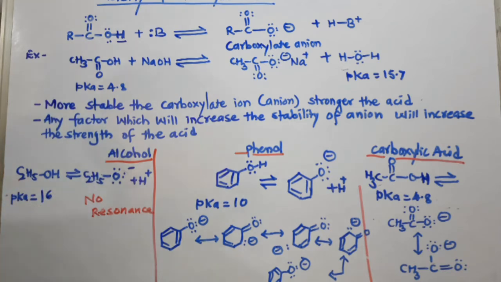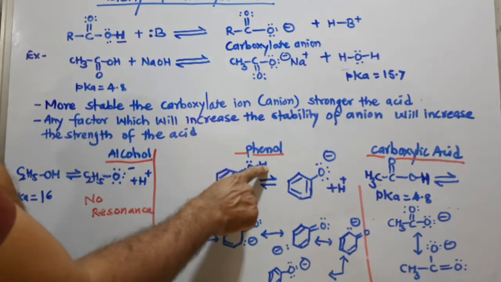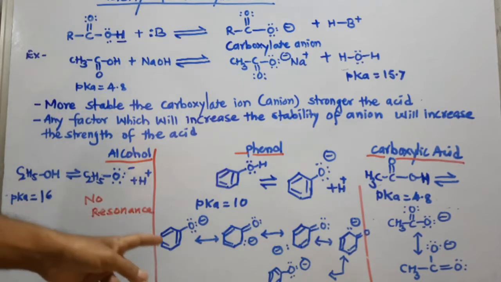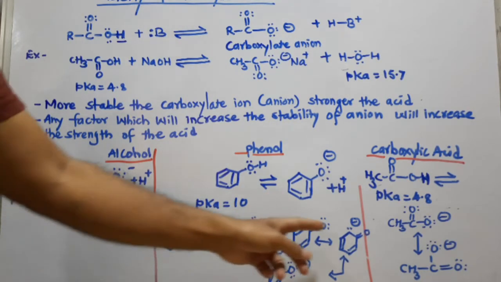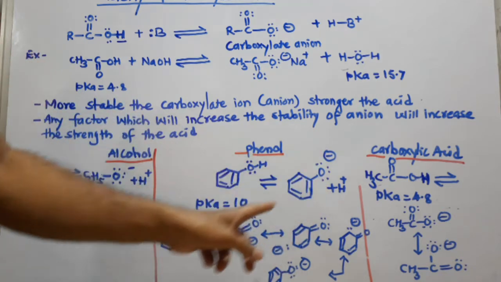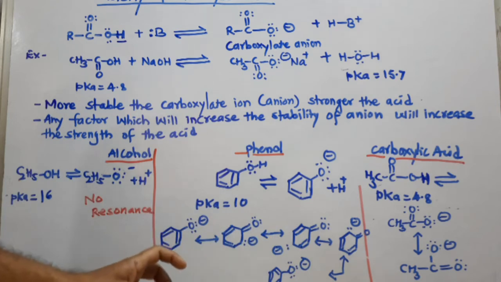Now a similar discussion we can provide for phenol. If phenol loses its proton, it forms phenoxide ion. But this phenoxide ion can give 5 resonating structures in which the negative charge is delocalized from one carbon to another, from one place to another place.